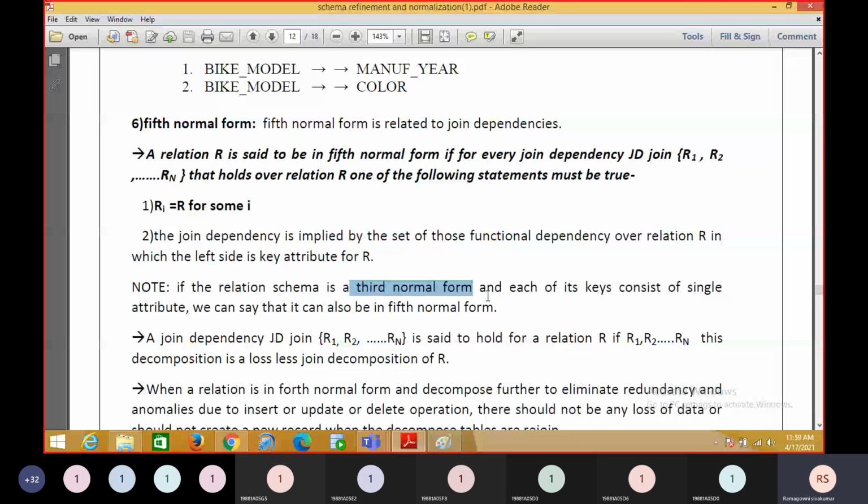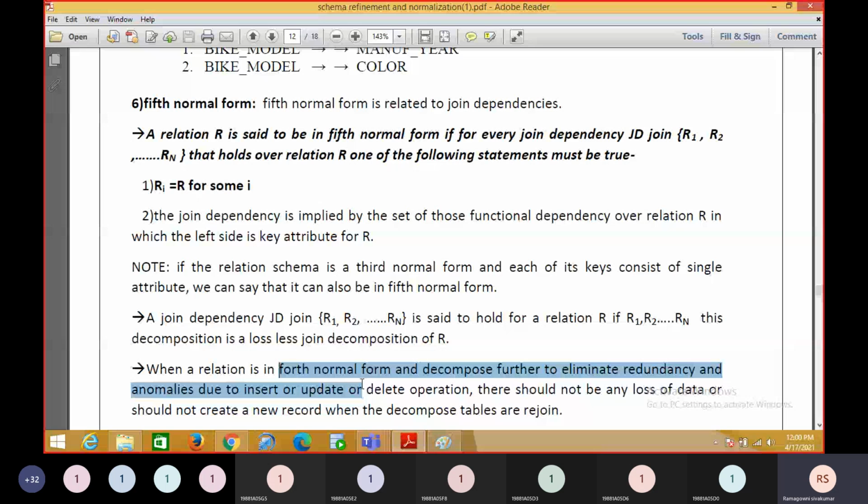Next, a joint dependency, JD, like R1, R2, R3 and so on Rn is said to hold for the relation R if R1, R2 and so on Rn form a lossless join decomposition of R. When a relation is in the fourth normal form and decomposes further to eliminate the redundancy and anomalies due to insert, update or delete operations, there should not be any loss of data.